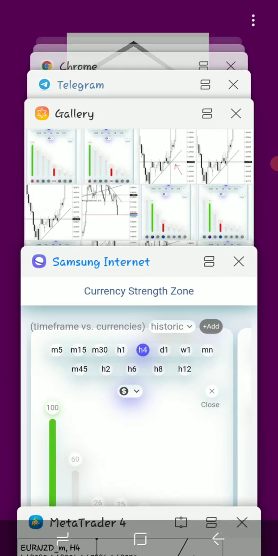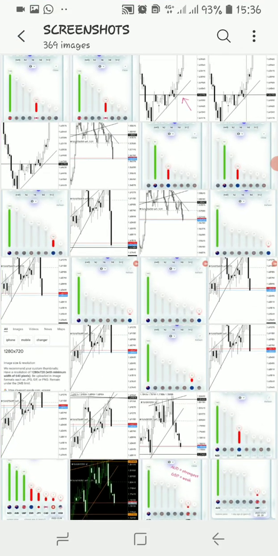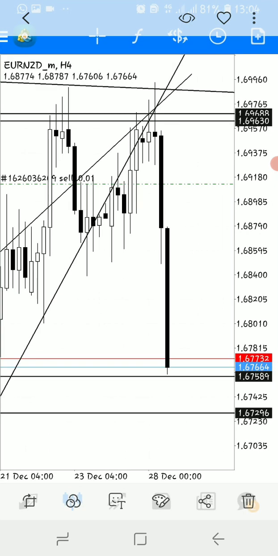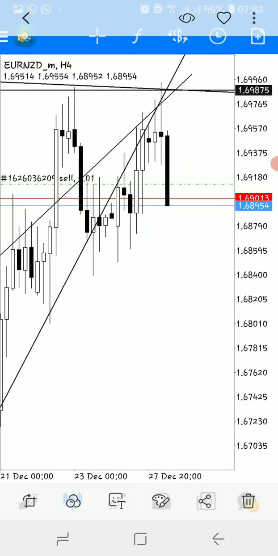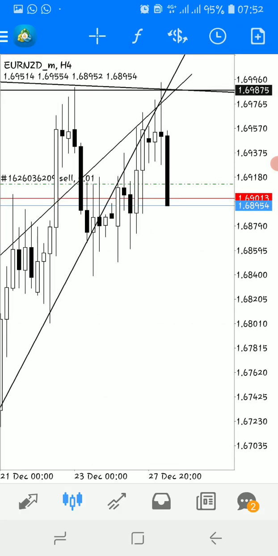So I placed the trade around this time. Let me check the screenshot. I think the specific time is over here, 7:52. 7:52 plus GMT plus 2 will be almost 8 plus 2, 10, right?